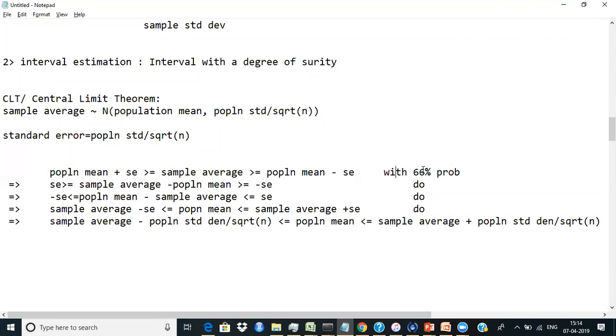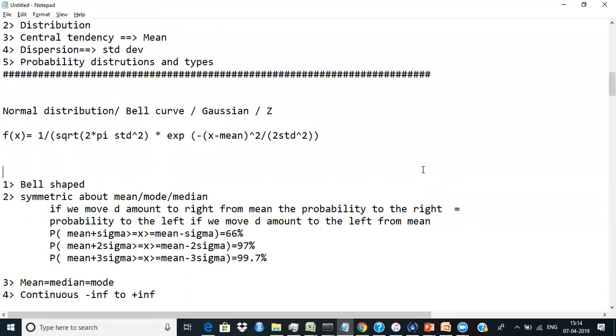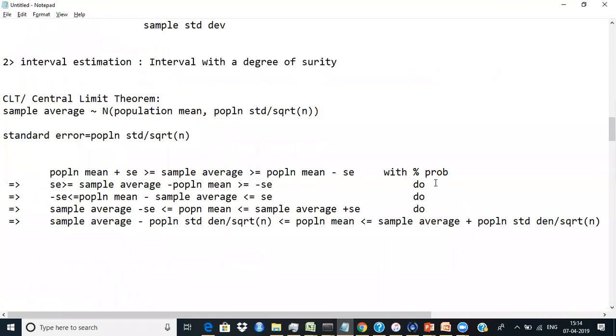Because if I replace this by 99.7%, that is 3 sigma, this will be 3 into the standard error. So now it will be 3 into this, and it becomes wider.